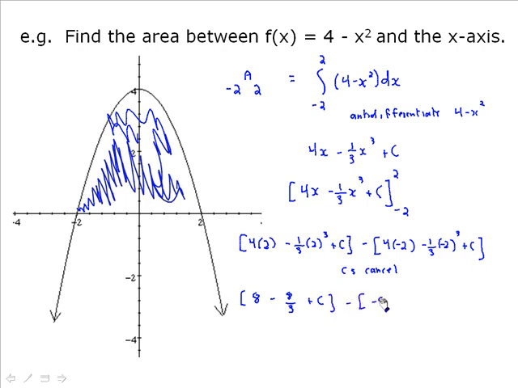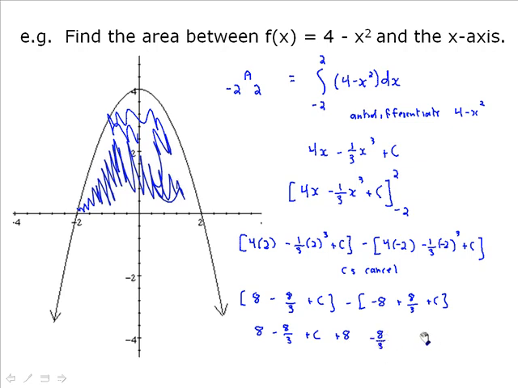And then this is negative 8, now plus 8 over 3. So watch your signs. Negative 2 cubed is negative 8, times negative 1/3 is positive, plus c. So we end up getting 8 minus 8 over 3 plus c, plus 8 minus 8 over 3.